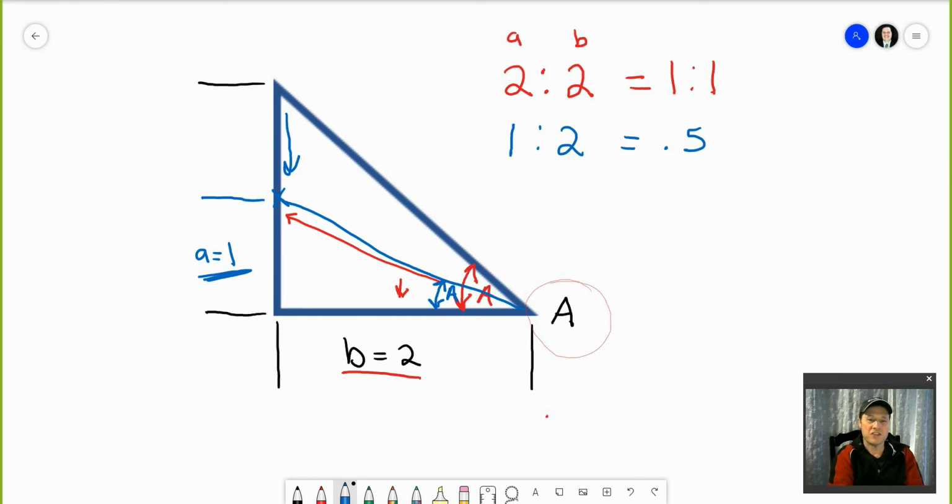And we could imagine this angle here will change as this length changes. So if this length shortens, the angle up here is going to change. So we need to understand how the sides have a bearing on the triangles.